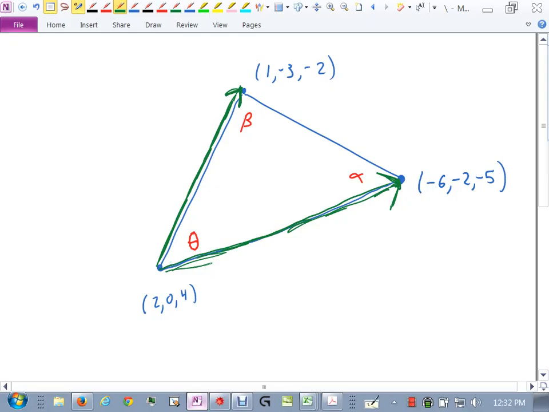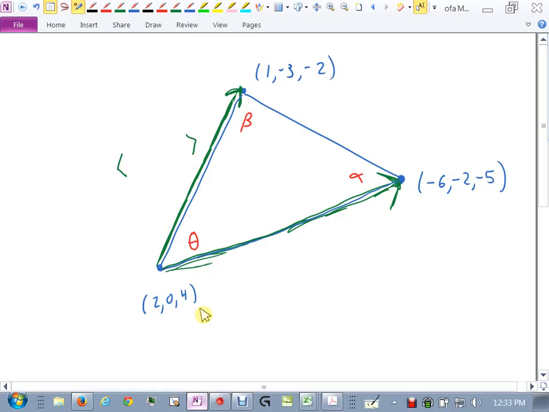So what is this vector here? How do you do it? You subtract one by the other. Now what order do you go in? Do I go 2 take away 1, 0 take away negative 3, 4 take away negative 2, or do I go 1 take away 2, negative 3 take away 0, negative 2 take away 4? It depends on which way you're going, right?